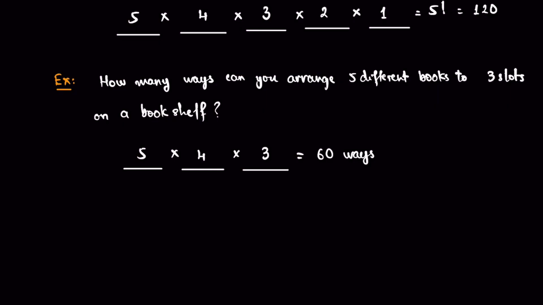And I want to take a little bit of work here, a little bit of algebraic manipulations to arrive at a formula that I'm going to give later. So the setup of 5 times 4 times 3 can be written as 5 times 4 times 3 times 2 times 1. So technically what you see here is I multiply the 2 new numbers, 2 and 1.